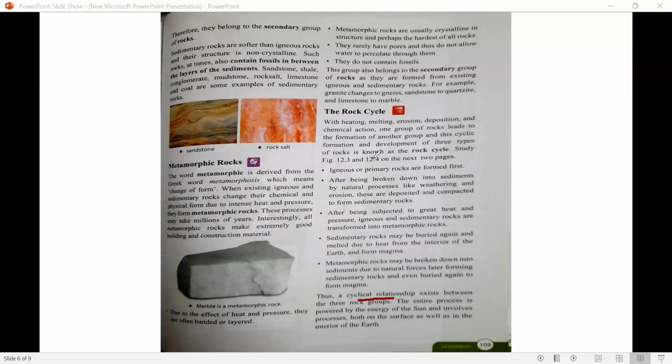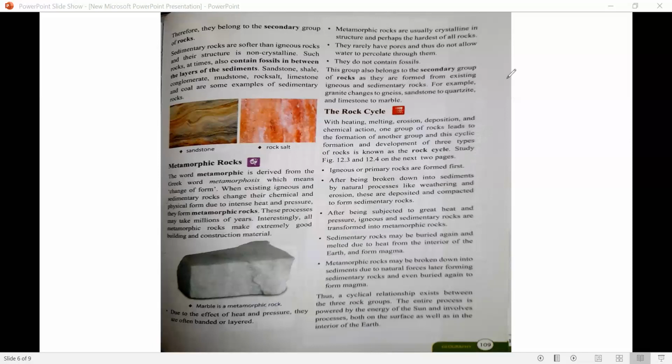The entire process is powered by the energy of the sun and evolving processes both on the surface as well as in the interior of the earth, and due to pressure, heating, melting, erosion, deposition, and chemical action, these things develop into the rock cycle, and this is known as the rock cycle.